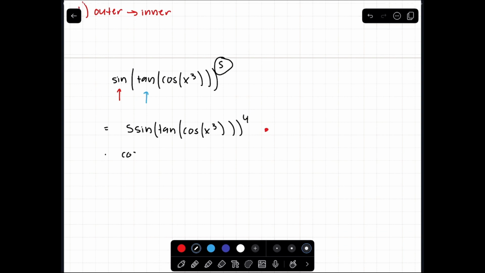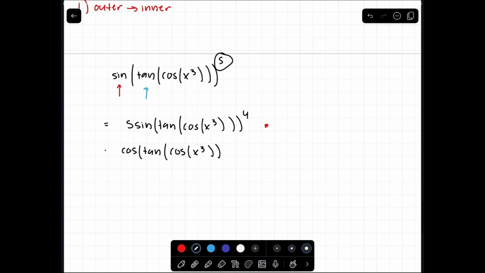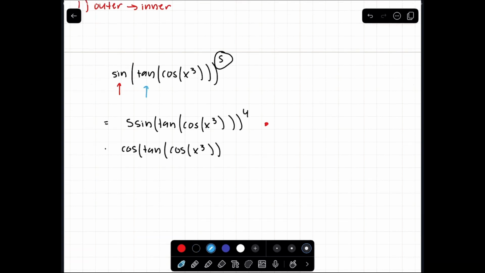So now we're going to have cosine tangent cosine cubed. Okay, next line. Now we're going to be taking the derivative of tangent. Derivative of tangent is secant squared.